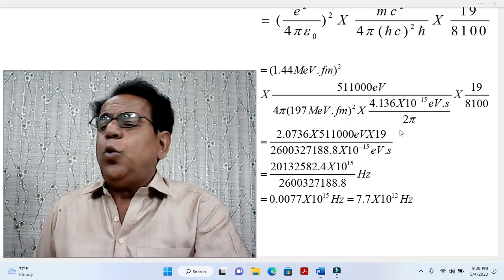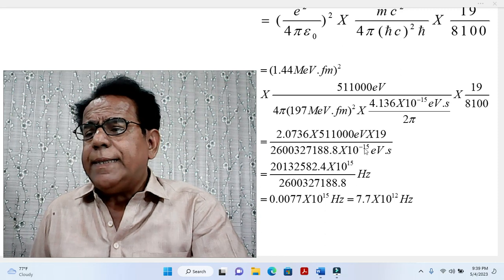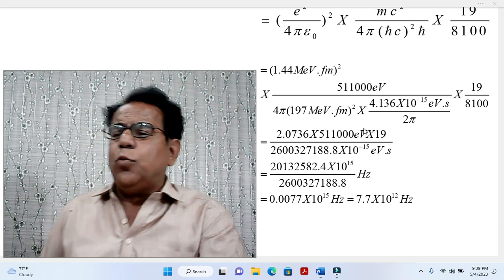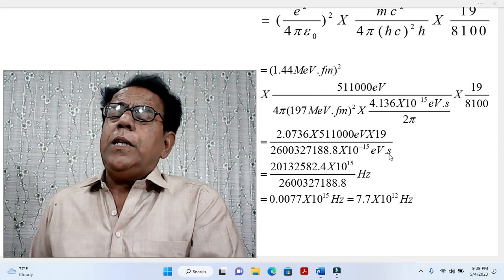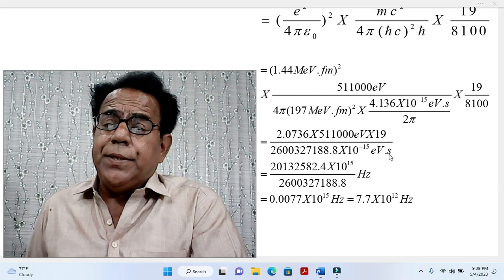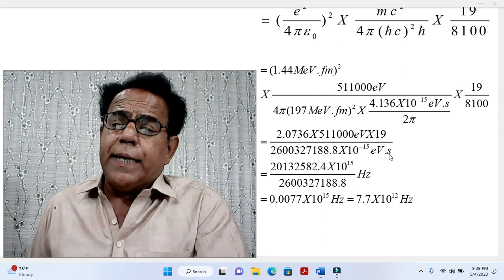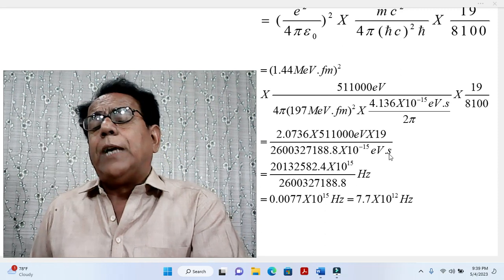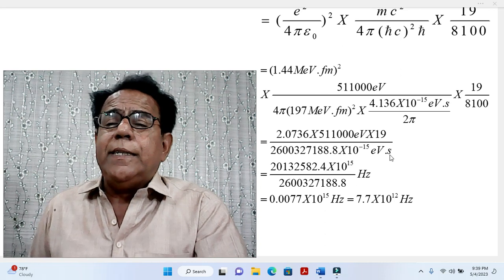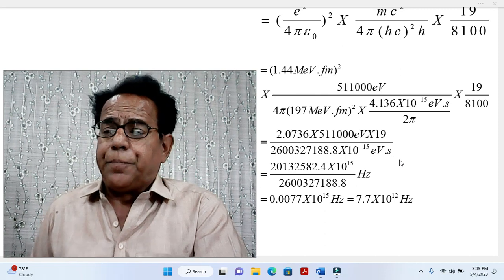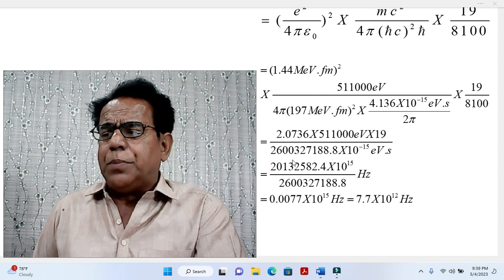So we will be left with only the unit second, and second will appear in the denominator, that is 1 over second, or second in the numerator with power minus 1, and we know that 1 over second is equal to hertz, Hz. So its unit will be hertz, and after simplifying this factor becomes this.